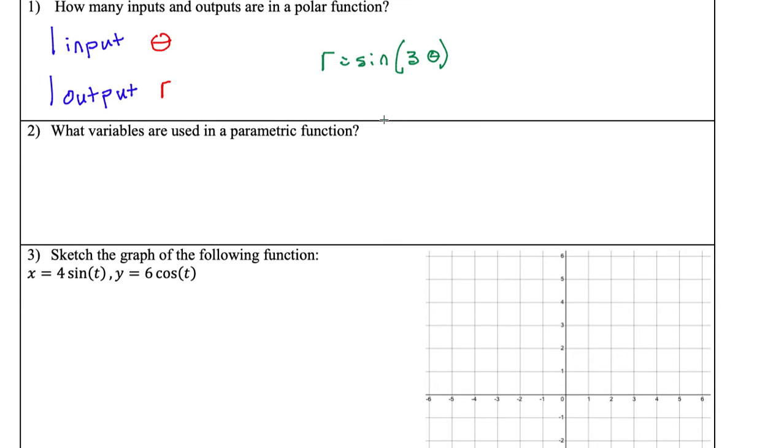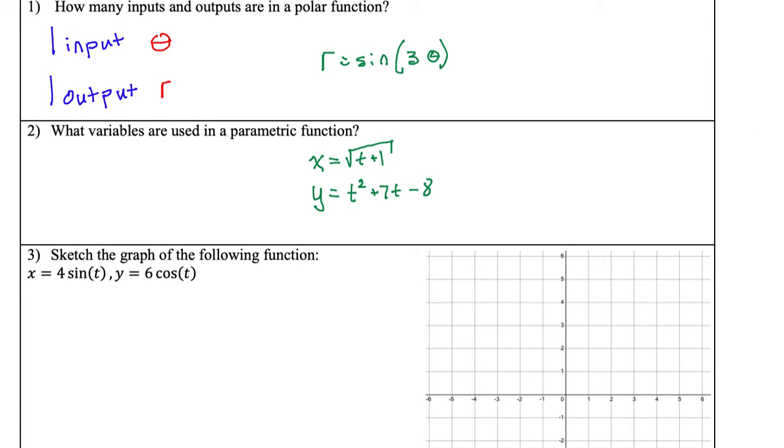Cool. Number 2, what variables are used in a parametric function? So parametric, those typically look like this. I'll give you an example, like x is equal to square root of t plus 1, and then y is equal to, I don't know, t squared plus 7t minus 8, some weird things happening.